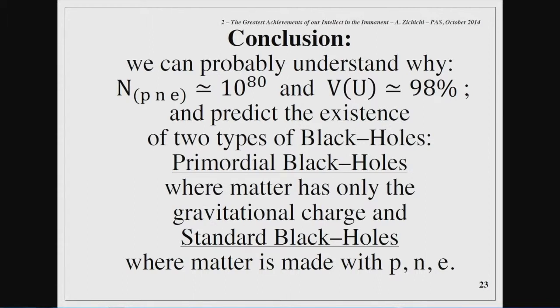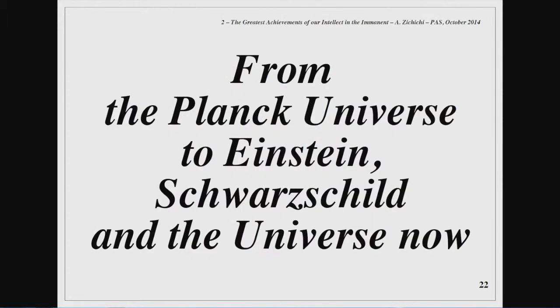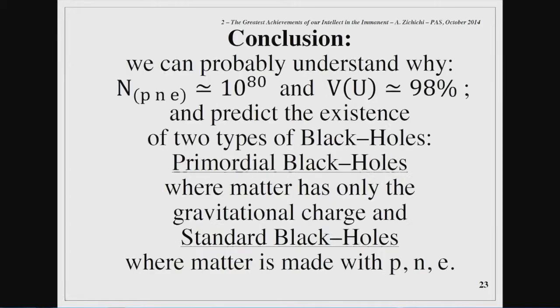Our universe is essentially empty. Only 2% is full of matter. This is how we can conclude about the analysis starting from the Planck universe and using the Schwarzschild solution of the Einstein equation, where at the very end of this I will show two graphs, if I have time.